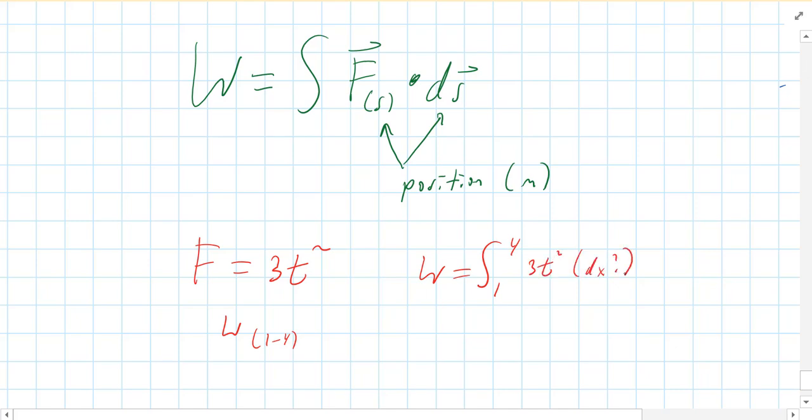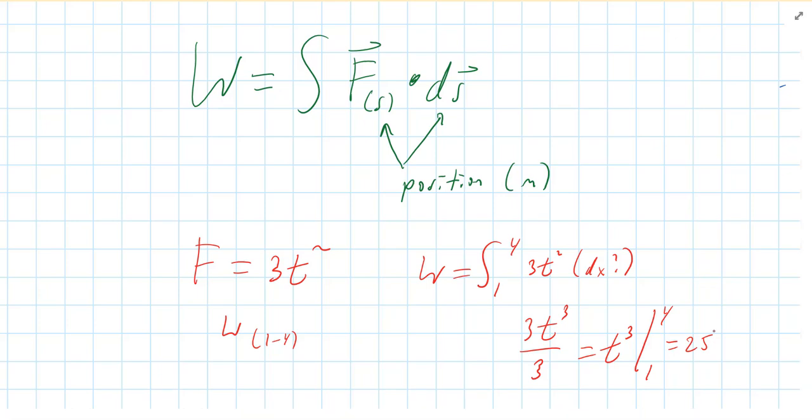Do I plug a dt in there? That's the first confusing thing. Then they'll do the power rule, which just becomes t cubed. Then you would evaluate that from 1 to 4, which would be 4 cubed. What's 4 cubed? 256, I believe. Let's see, 4 times 4 times 4. Oh gosh, it's only 64. So 64 minus 1, and they would write 63 joules.